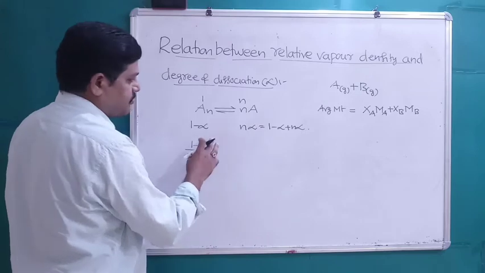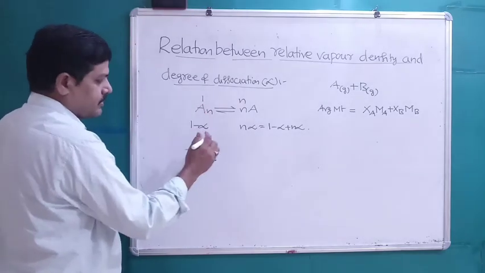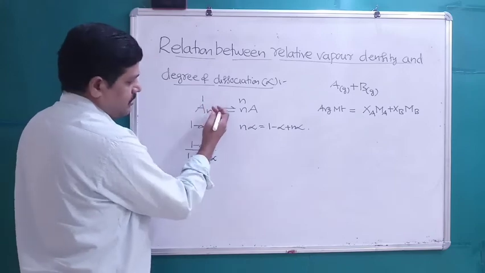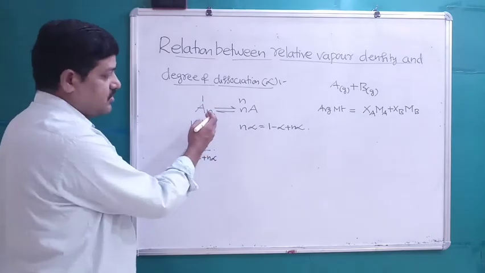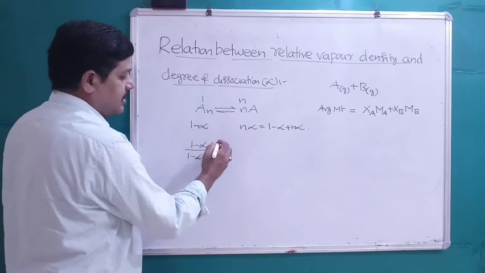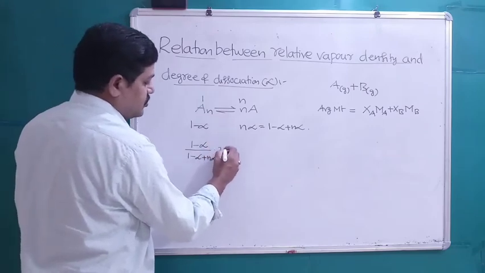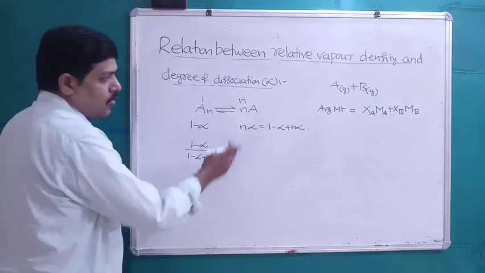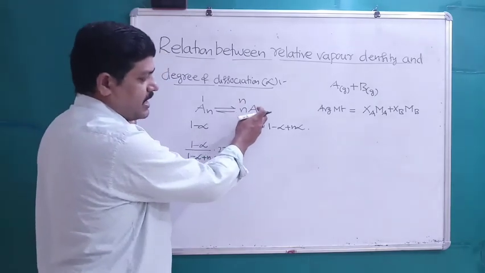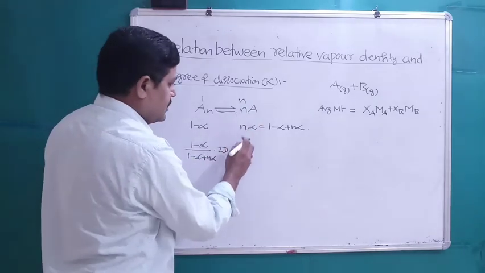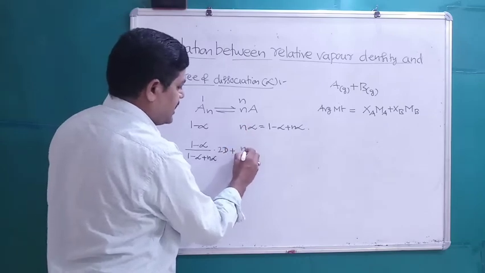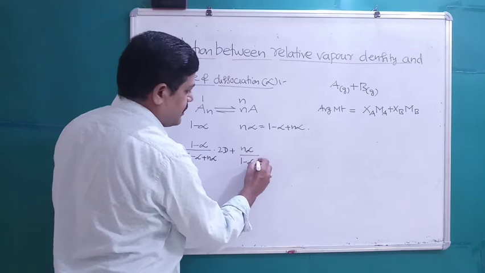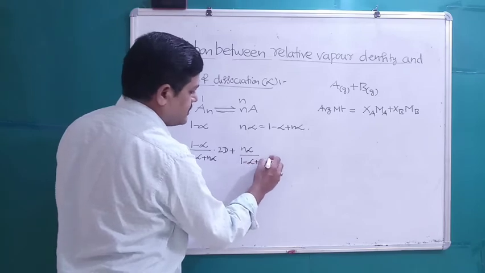It will give us the mole fraction of AN, times the molecular weight of AN. The vapor density before dissociation is capital D, then the molecular weight is 2 into capital D. Plus the mole fraction of A: at equilibrium the number of moles is n alpha, total number of moles 1 minus alpha plus n alpha, right?